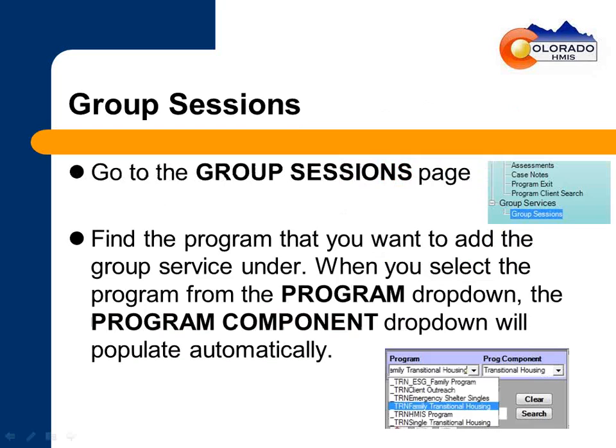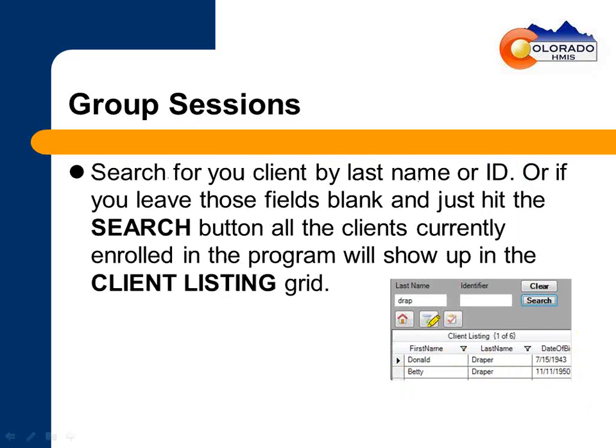In order to document a group session, you can go to the group sessions page. It's under the program client search. And you find the program that you want to add under the program drop-down list. So here you can see there's a drop-down. You would choose the appropriate program, and this program component field populates automatically, so you don't have to do anything with that. You just choose your program, and the program component is going to happen automatically.